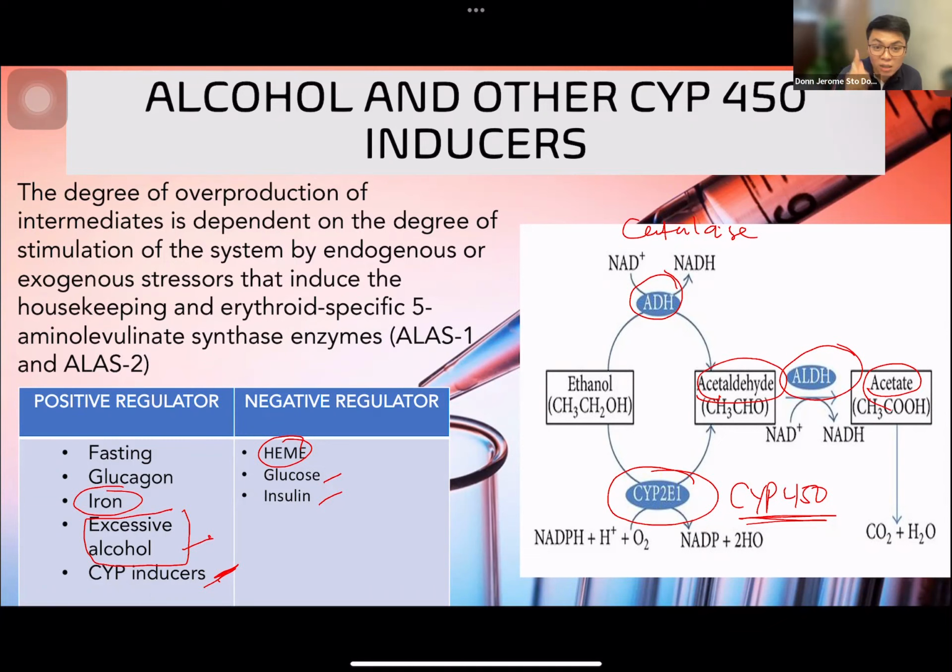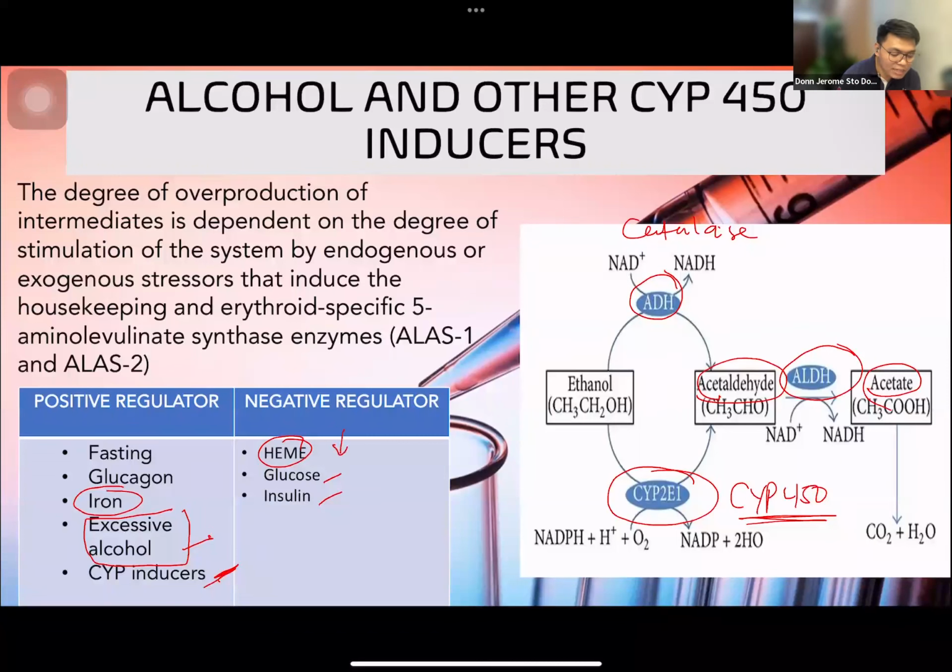So being a heme protein, does it contain heme? May heme ba siya? Yes. So when you continuously synthesize cytochrome P450, are you consuming a lot of heme? Yes po. And if you're consuming a lot of heme, will you deplete the levels of heme? Of course, you will deplete the heme, because you're continuously using it.